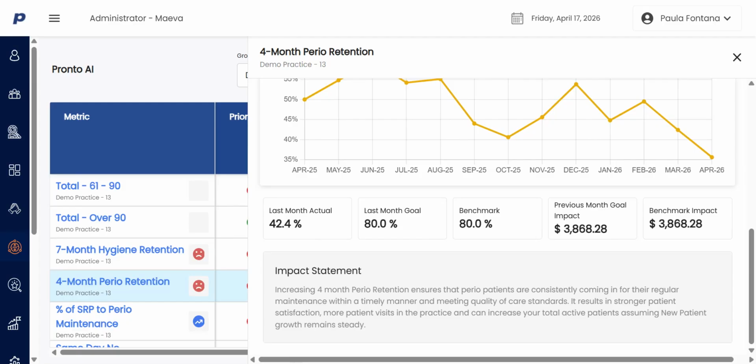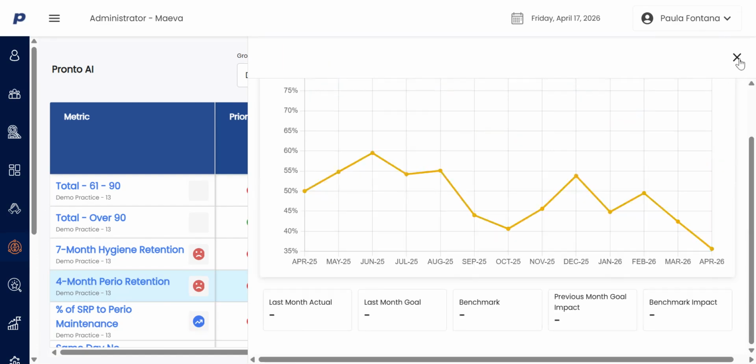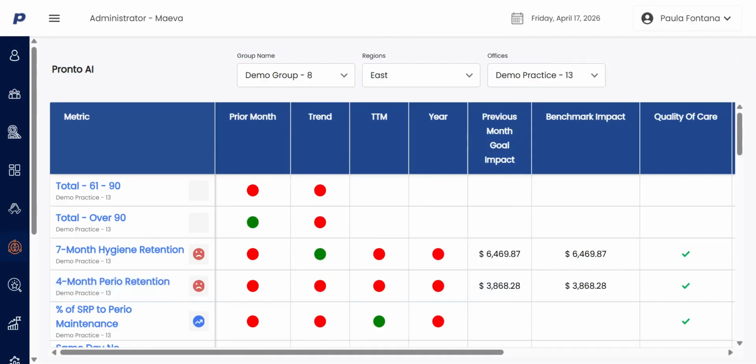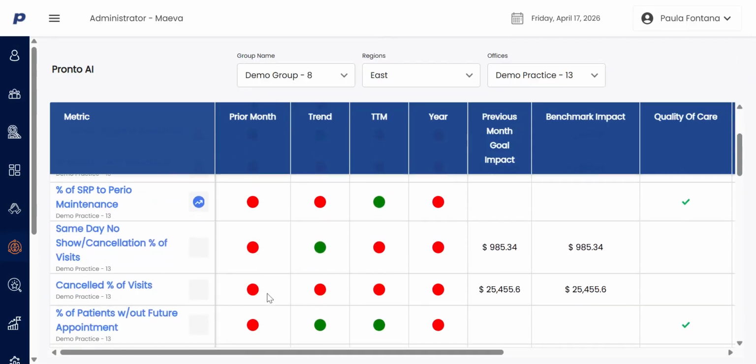So there's an impact statement at the bottom that talks a little bit about what would happen if you were in fact to increase this particular performance metric. So we use a level of discernment to look through all of these, and we're looking for ones that have a fair number of red dots here.